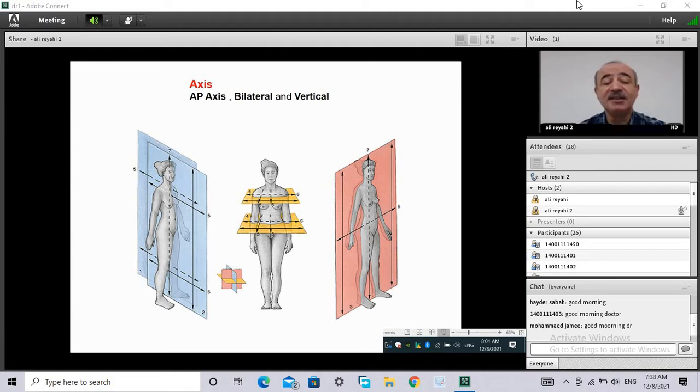The importance of the axis is about movement, because movement occurs around an axis.